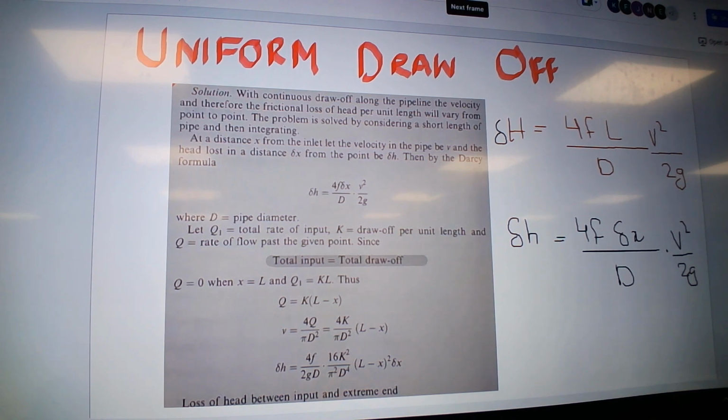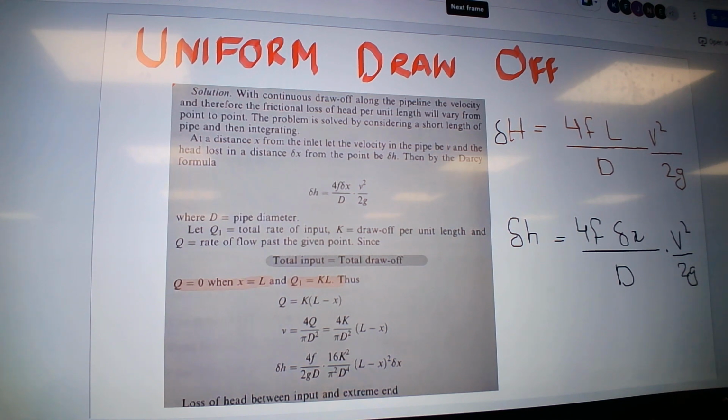Q equals 0 when x equals L, the total length, because at the very end there is no draw off. And Q1 is K times L, because in the question it says it's per unit length. So Q1 equals KL.